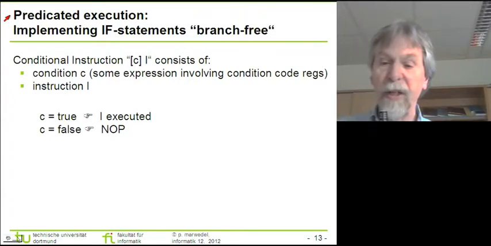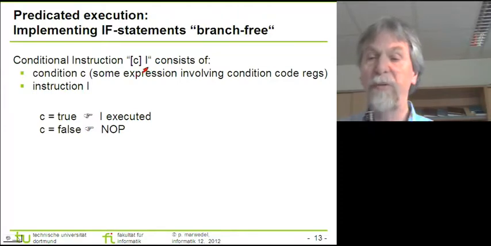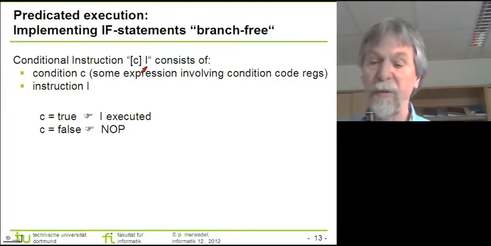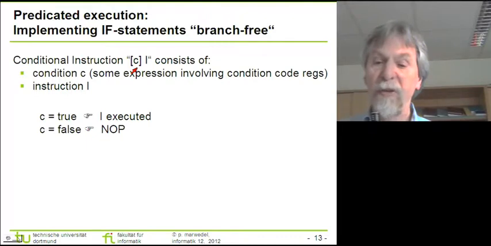With predicated execution, for each instruction we have one field that is describing actually the operation for that instruction, and in addition we have a limited set of bits which describe one expression that should be evaluated at runtime, and depending on the result of that evaluation we will either actually execute that instruction or effectively turn that instruction into a no-op.